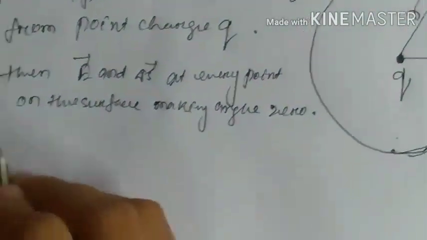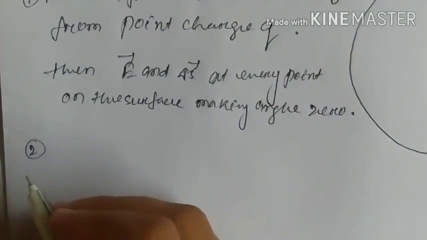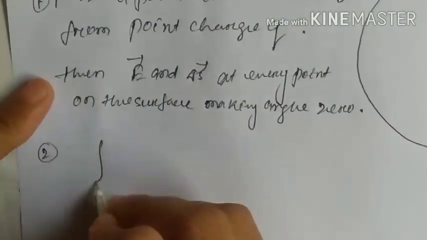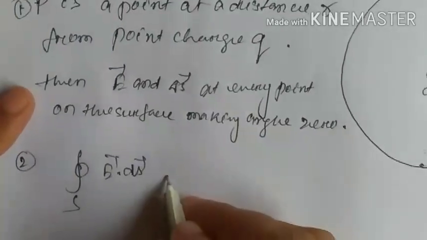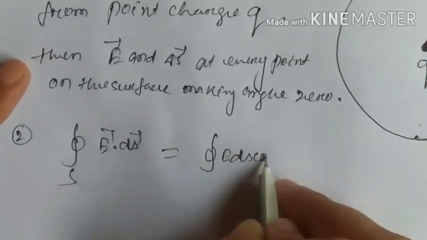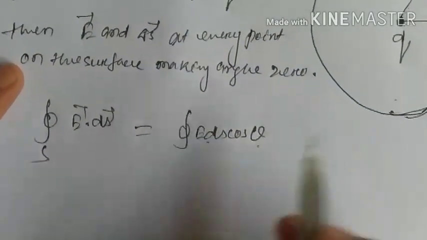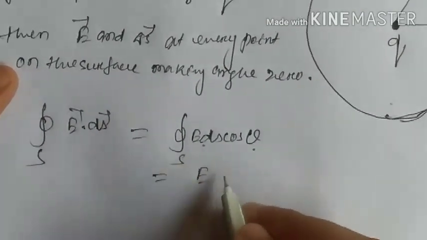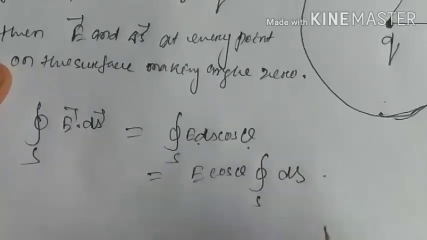Then what is the second step? The second step is to calculate E dot dS, the left hand side. So we calculate E dot dS for the closed surface. We can write E dS cos theta, and as E and theta are constant, we can take them outside: E cos theta integral of dS.